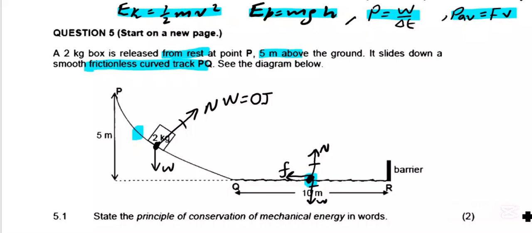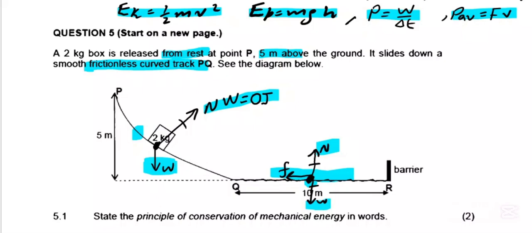They will give you 0 work. Here we have only work done by the weight, because the normal force will give you 0 work. Normal force here gives 0 work.